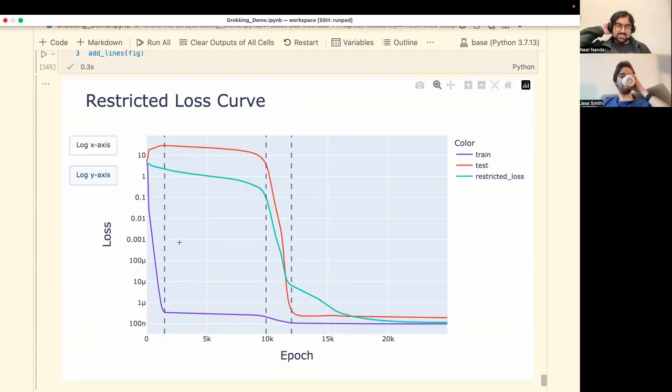This is restricted loss. Intuitively, the way restricted loss works is I've artificially cleaned up the memorization bit of the model circuitry for it and let it just use the directions that matter for the generalization circuit.